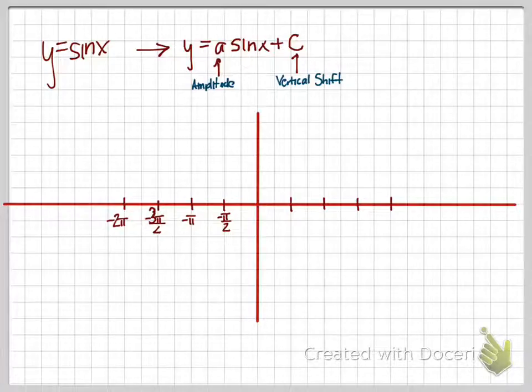The quadrantal angles are kind of critical points on a sine graph and also on a cosine graph. So we rely on those nice, neat values of 0, 1, or negative 1 to try and graph these. So I'm going to label these axes, and then I'm going to label the y-axis. The y-axis here, we're going to go up 2 spaces also just to make it neat looking, and I've got 1 and negative 1.